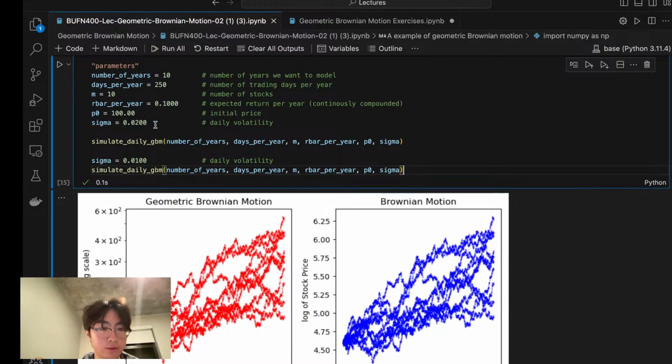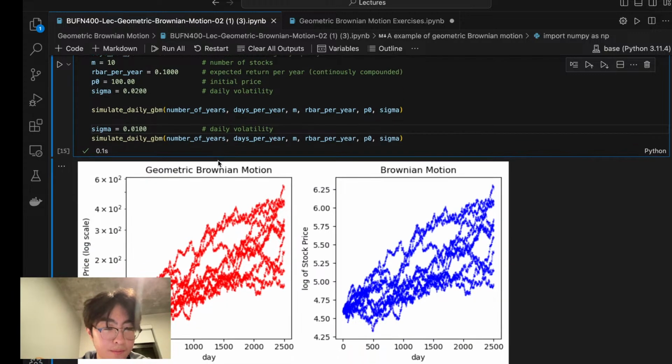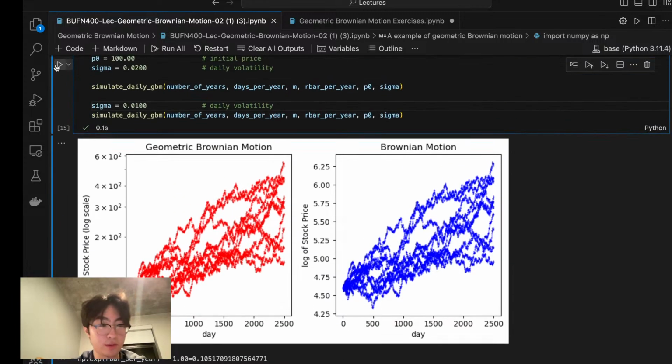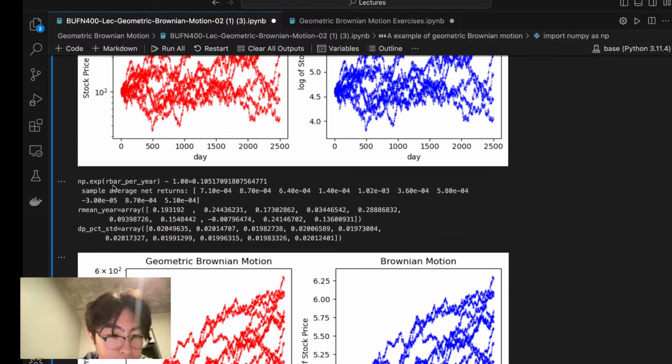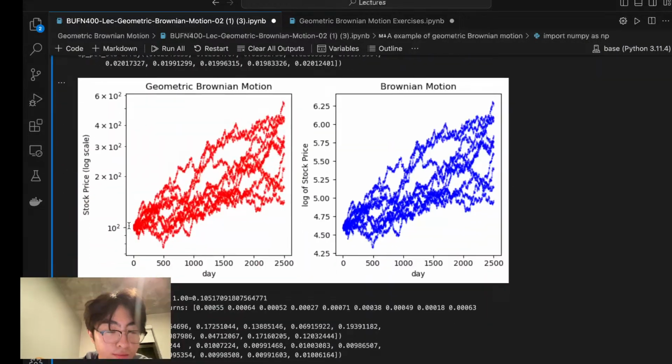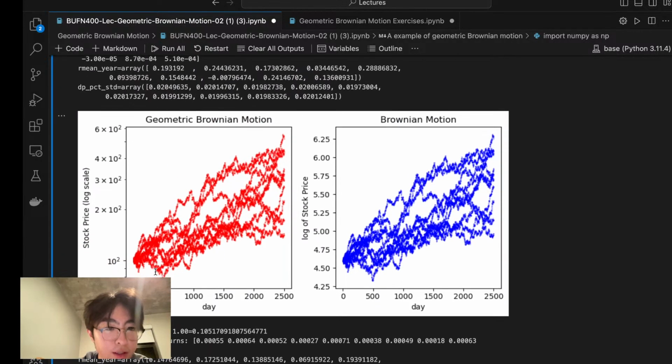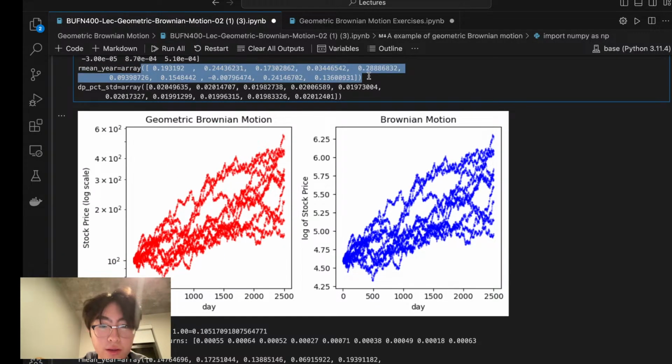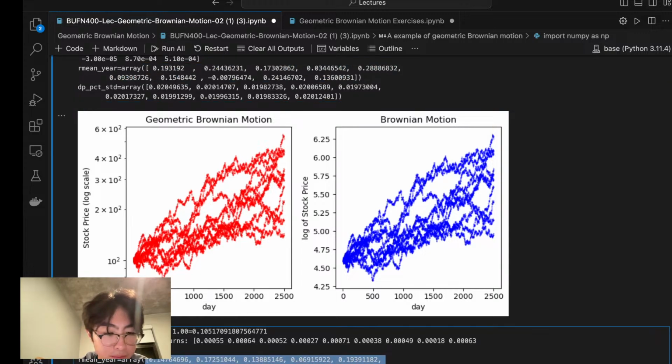What we're doing here is we're just changing the daily volatility by 1%. And let's see what the difference is. So we can see here, this is with 2% daily volatility, and this is with 1% daily volatility, and we can see that the returns are actually closer to our mean of 10% per year.